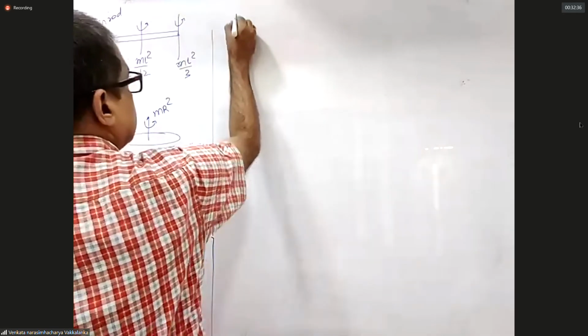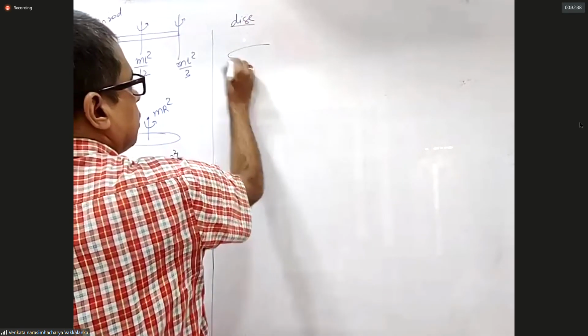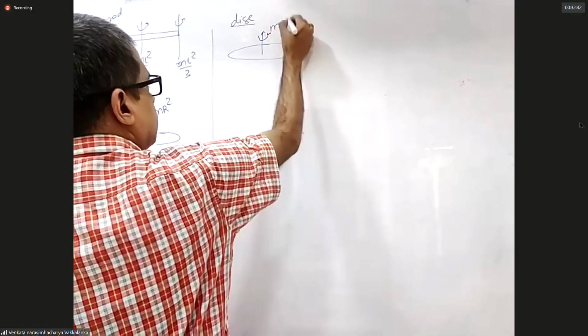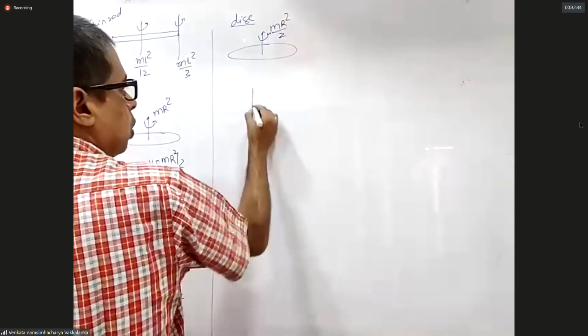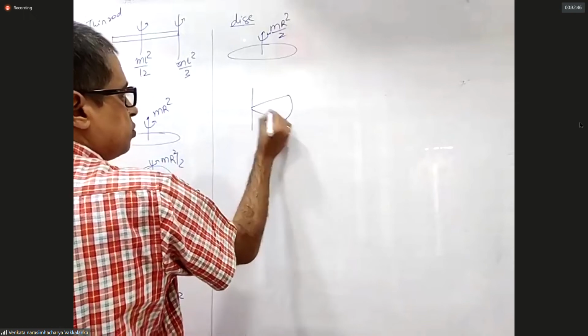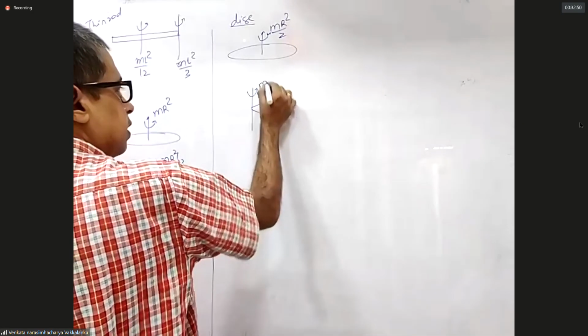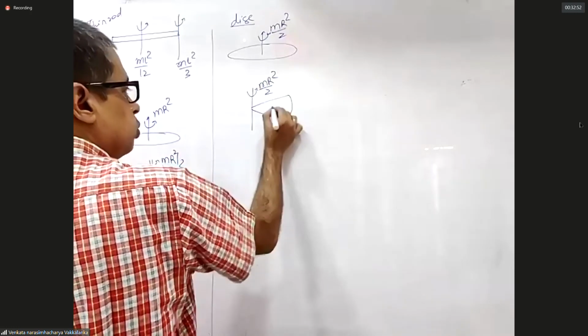Disk: mr square by 2. One piece of the disk about the axis is also the same, small mr square by 2. Now this is M.